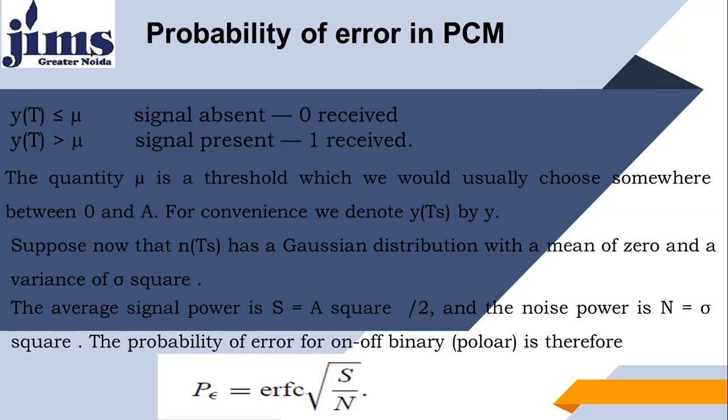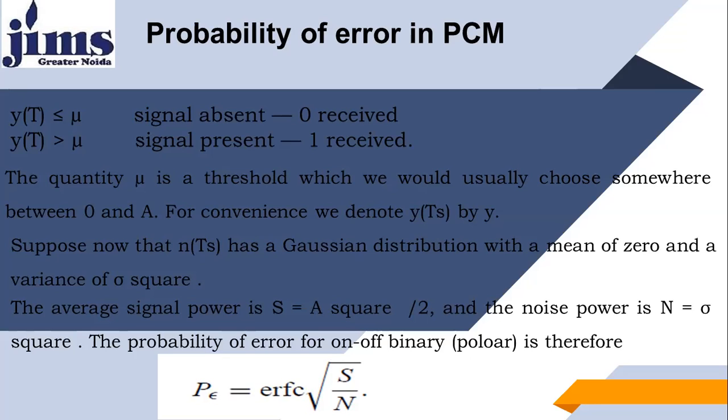So this quantity mu is a threshold which we would usually choose somewhere between 0 and A, sometimes in the middle of 0 and A. For example, if A is 4 volt, the threshold is 2 volt, the middle point of 0 and 4 volt.